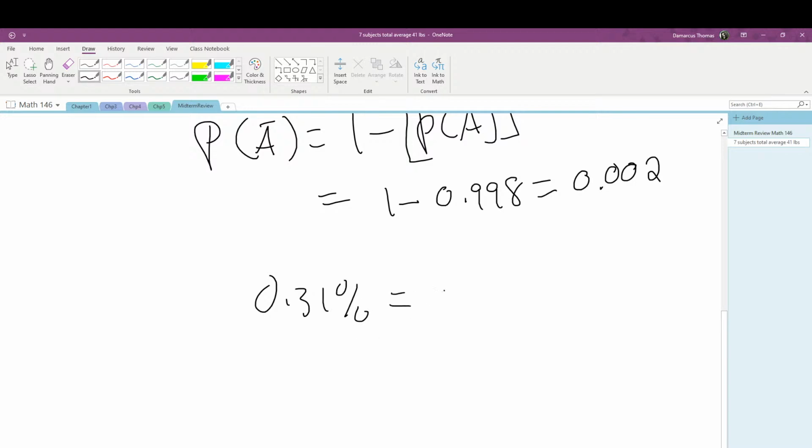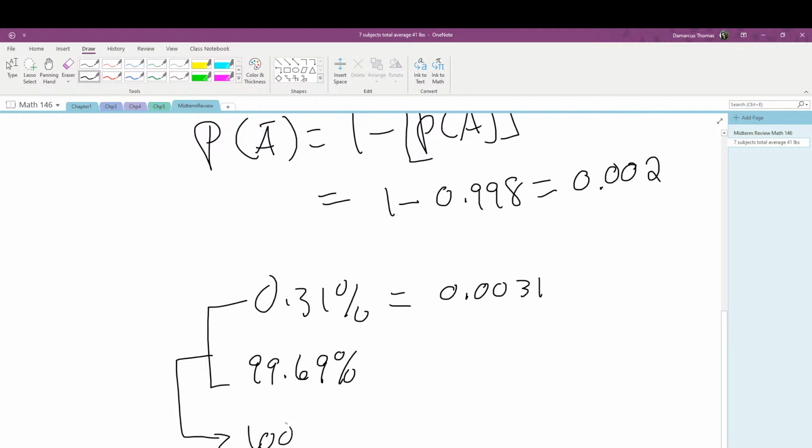The complement again would be 99.69% because the complement and the event must make 100%, or one whole.